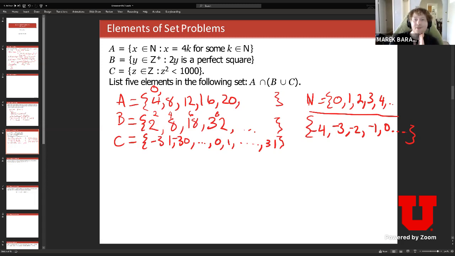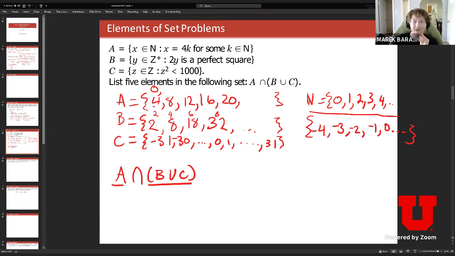So now we're asked to find elements that are in A intersect B or C. So it needs to be in A and it needs to be in either B or C. So let's just do 5.